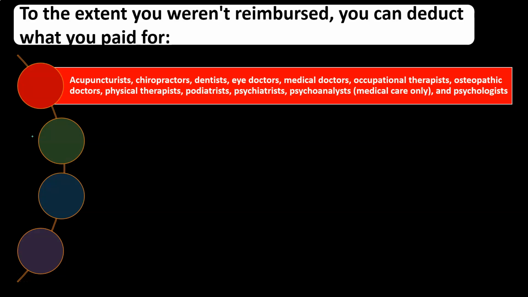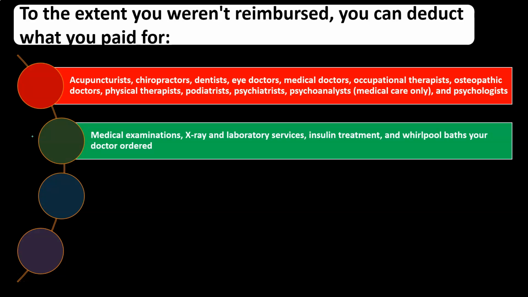And there's a lot more research that you can go into with regards to that type of information, but this would be the starting point if you have questions about them. So we have the medical examinations, x-ray and laboratory services, insulin treatment, and whirlpool baths your doctor ordered. So again, a whirlpool bath sounds kind of like a jacuzzi, so you could think of people getting a whirlpool bath for both personal and medical reasons.